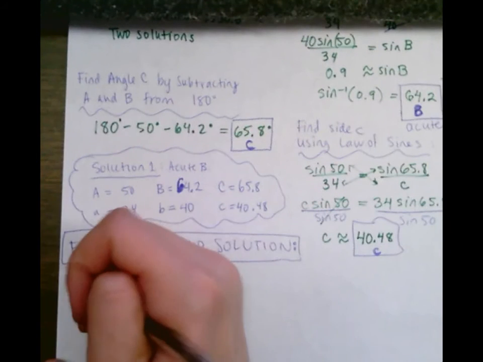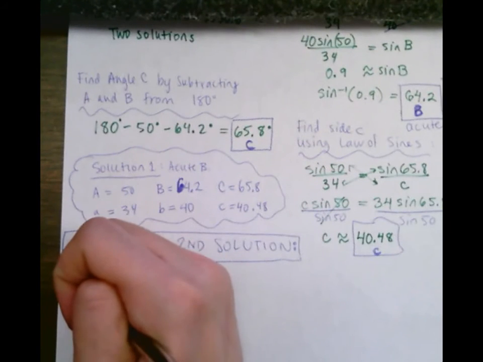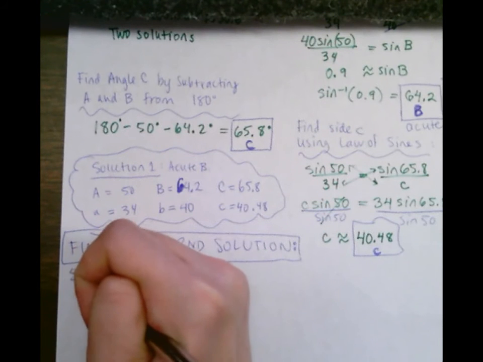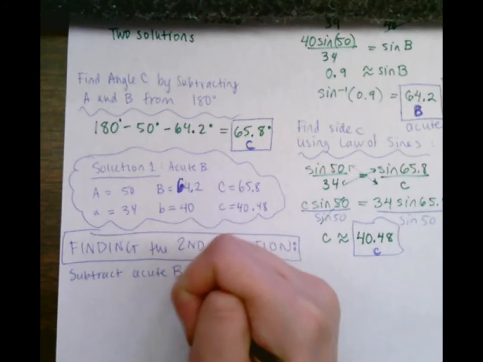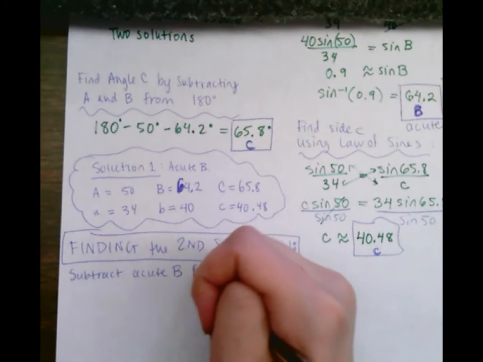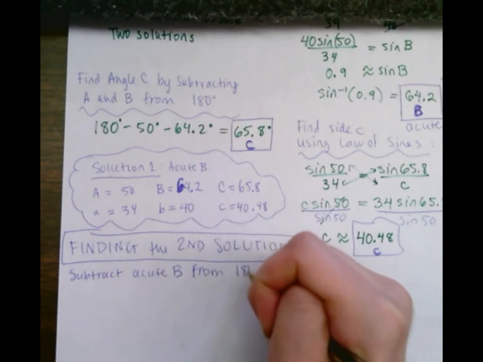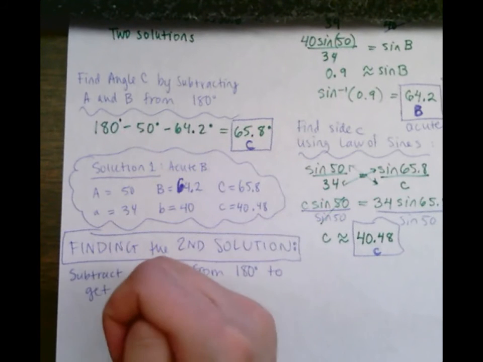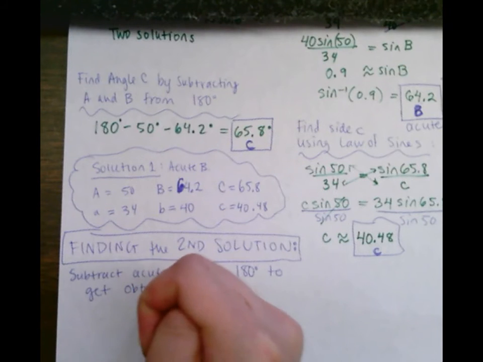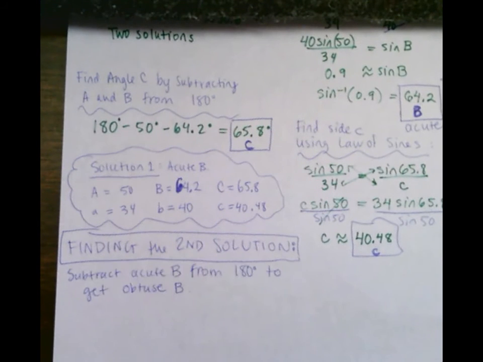So what we're going to do is subtract our acute B, that's angle B, from 180 degrees to get the obtuse angle B, which is going to lead us to a whole other solution.